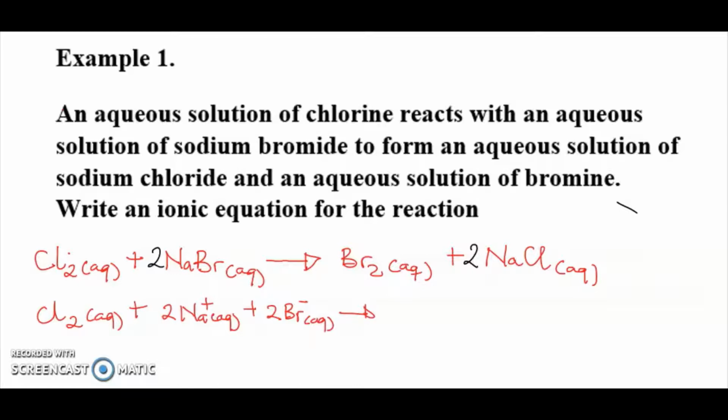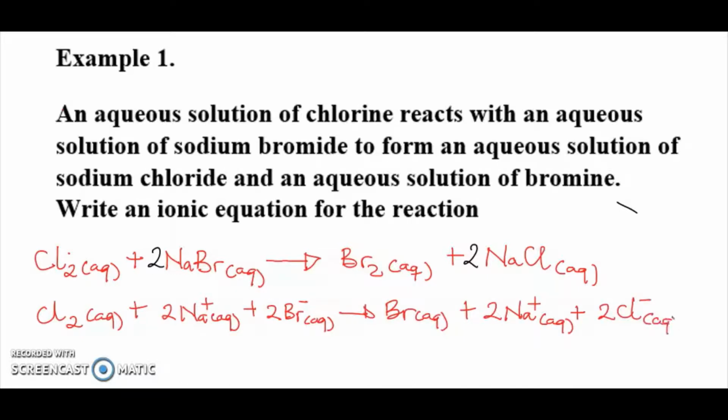The bromine to the right of our equation is a non-metal, so we maintain it. Plus, here we have 2 sodium atoms, so we shall have 2 sodium ions, aqueous, plus 2 chloride ions.